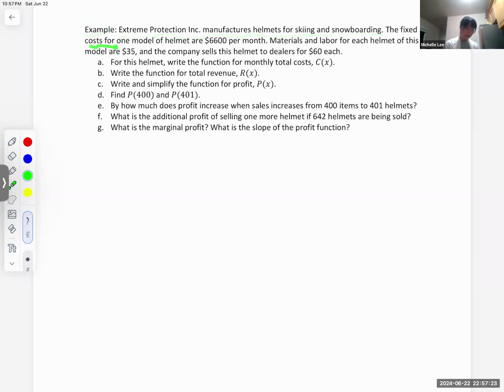The fixed cost for one model of helmet is $6,600 per month. So this is what they say is the fixed cost. And materials and labor for each helmet of this model are $35. So this means variable cost.